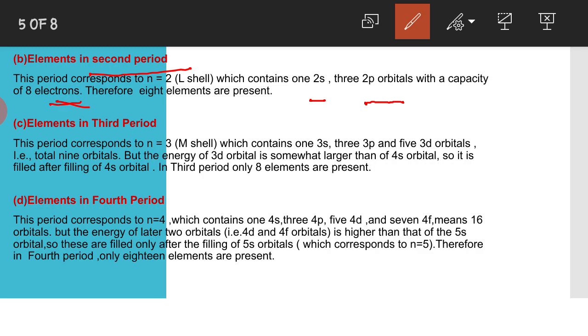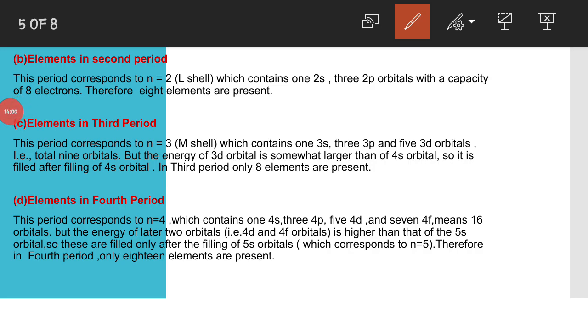Elements in third period. This period corresponds to n equal to 3, which means M shell, which contains 1 3s orbital, 3 3p orbitals and 5 3d orbitals, that is, a total of 9 orbitals.